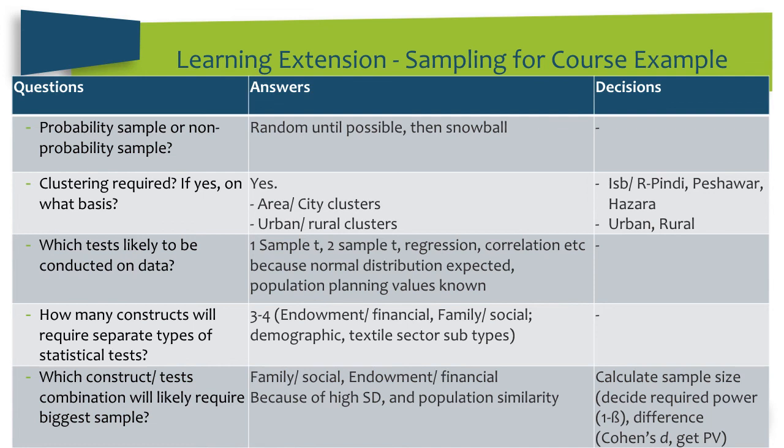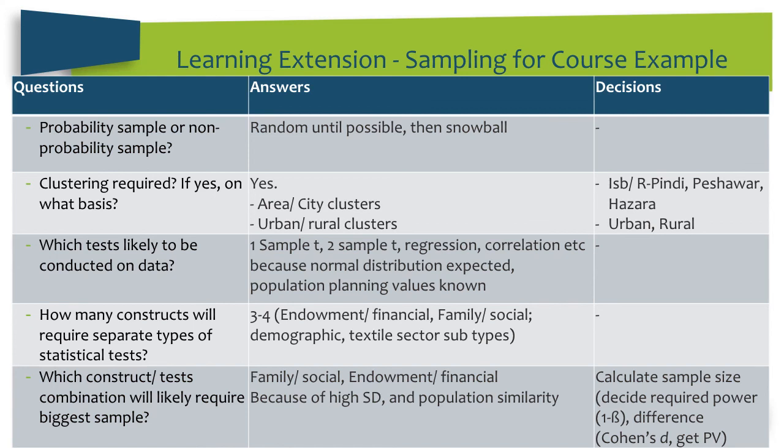population planning values. The next question, how many constructs will require separate types of statistical tests? Well, I haven't yet divided my variables into constructs, but we'll probably be doing it in our next session, which is about questionnaires.